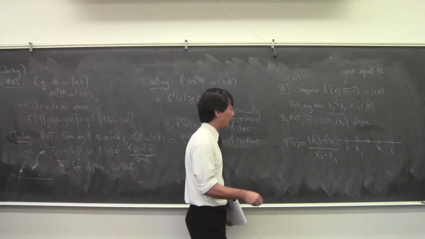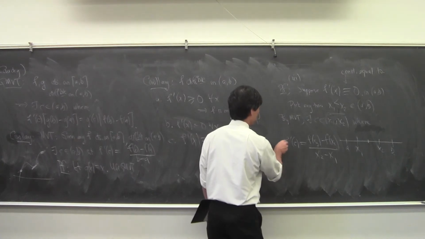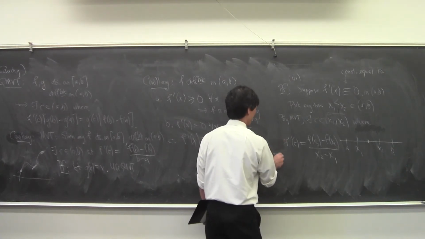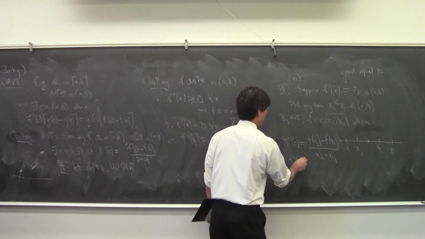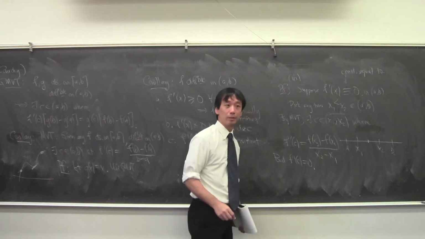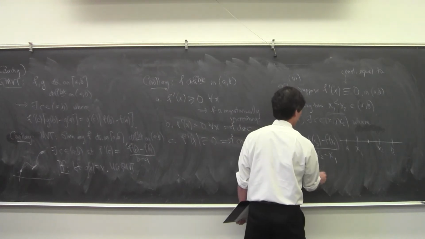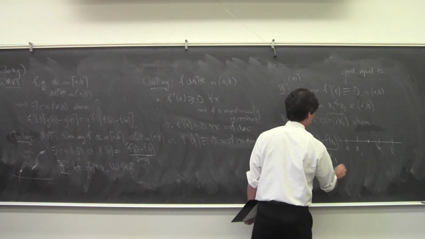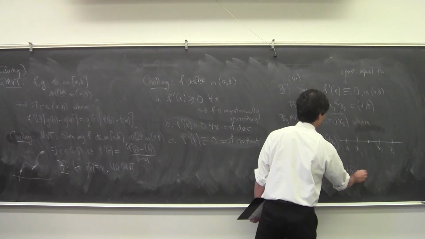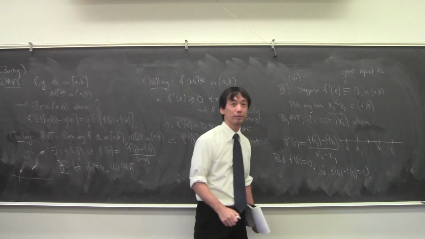But f'(c) is 0, because we assumed that f' is 0 everywhere. So that tells you that f(x2) minus f(x1) has to be 0 also.